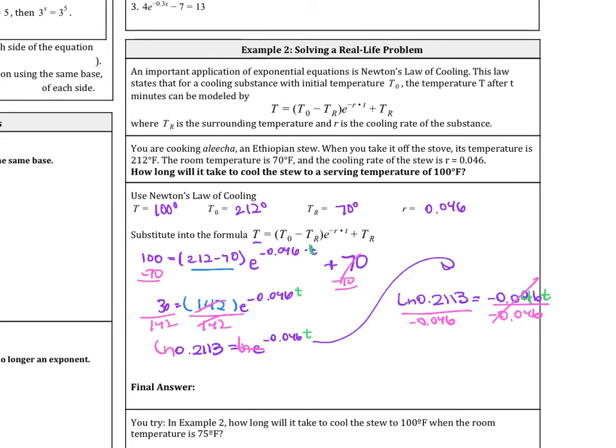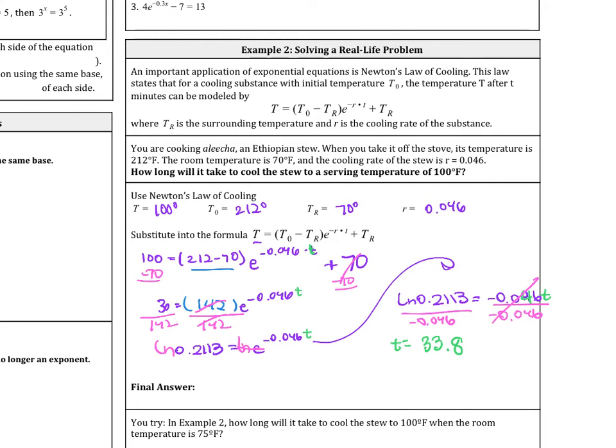Now when you plug this in the calculator, you will get your time. You press natural log, or if you're in the gray calculator, plug in 0.2113 and then natural log, and then divide by negative 0.046. What you will find is that it's approximately 33.8.